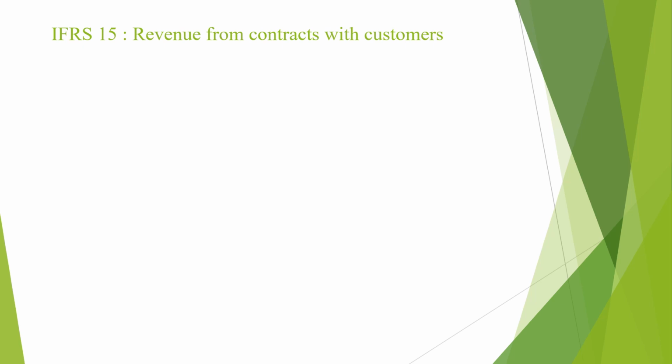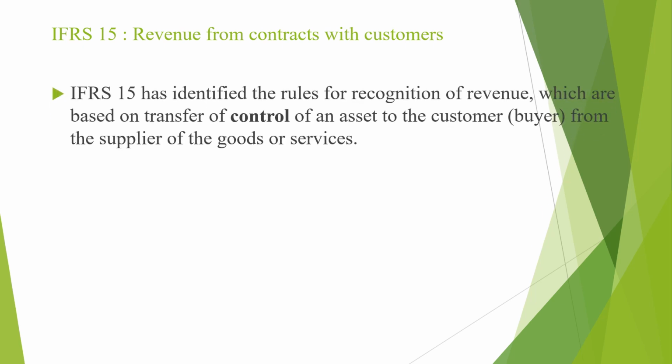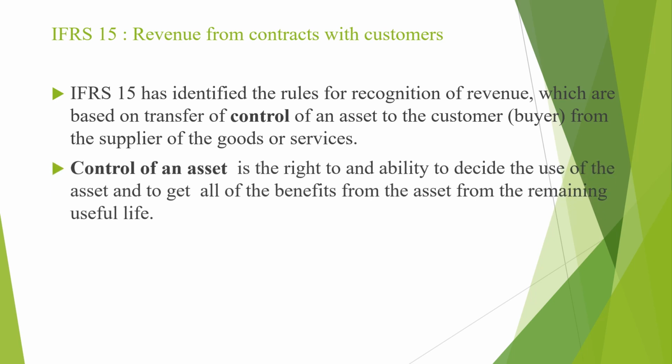Now, when we talk about revenue from contracts with customers as per IFRS 15, it has stressed the recognition of revenue based on transfer of control of the asset to the customer, that is the buyer. So when the transfer of control of the asset from the seller to the buyer is there, only then will the revenue be recognized.